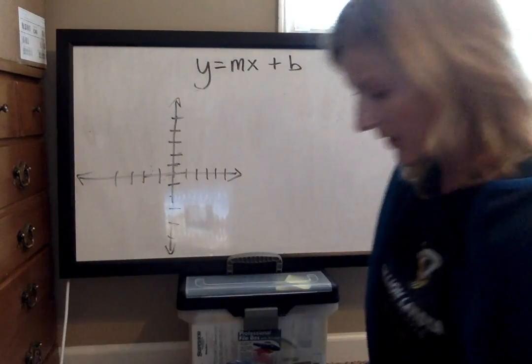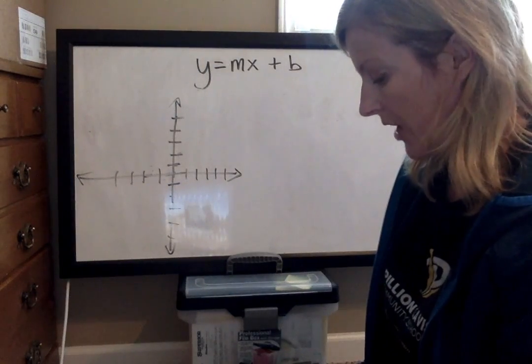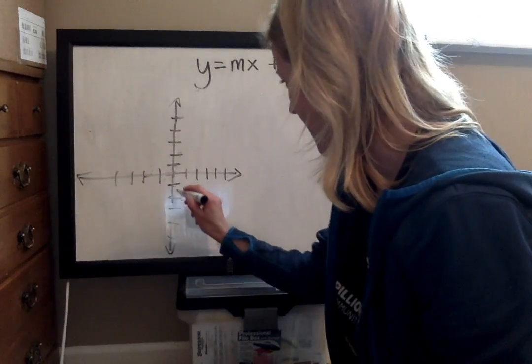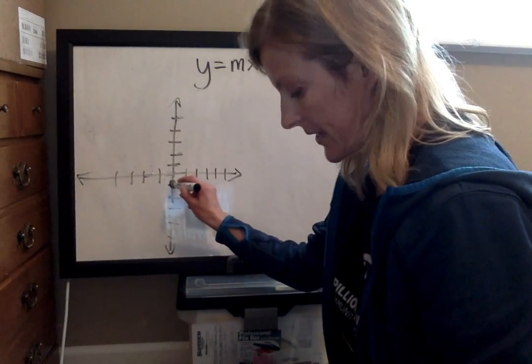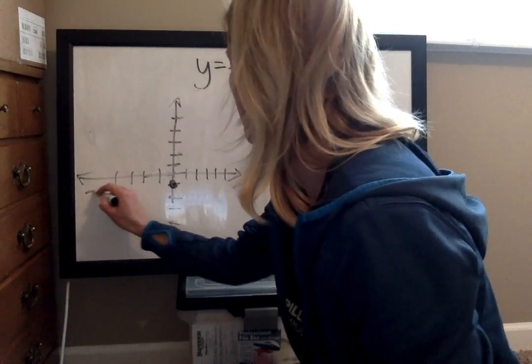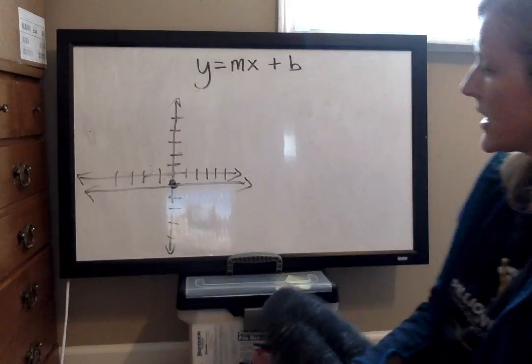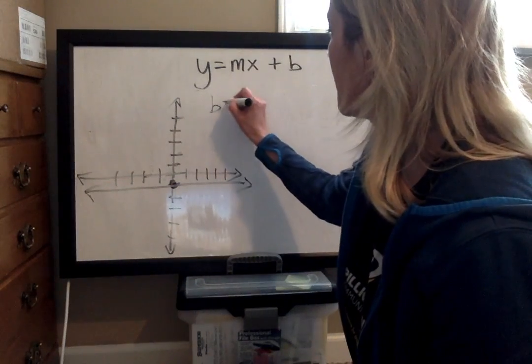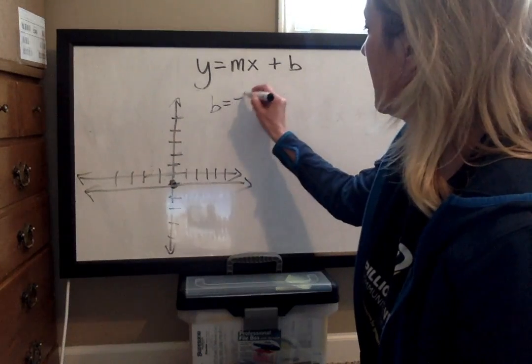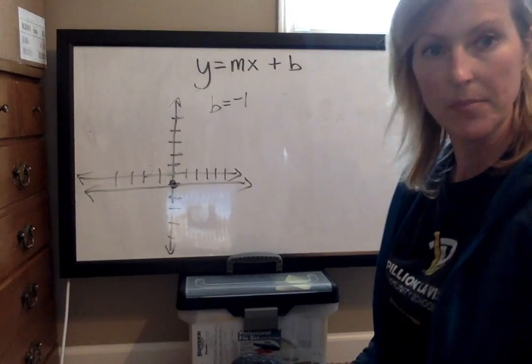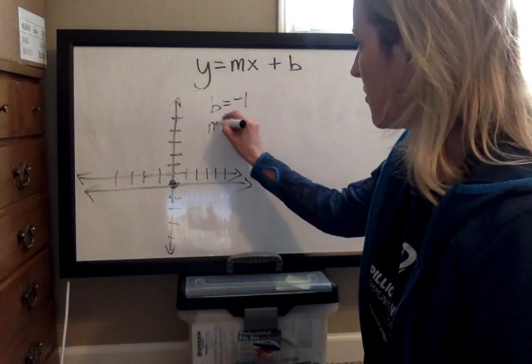Okay, so the next one, you are going to have a horizontal line that's going through the y-axis right here at -1. So my y-intercept is going to be -1. And if you remember, with a horizontal line, I already know what my slope is.